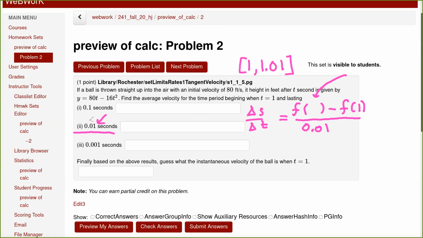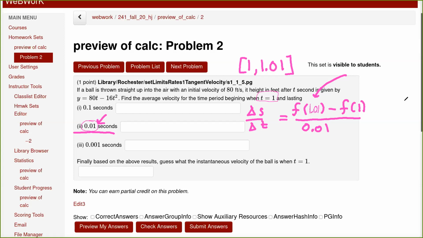What I should do is add the time difference to the initial start time. So this will be 1.01. Okay, so this is how I do this problem.